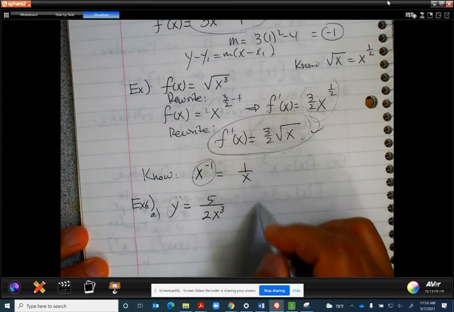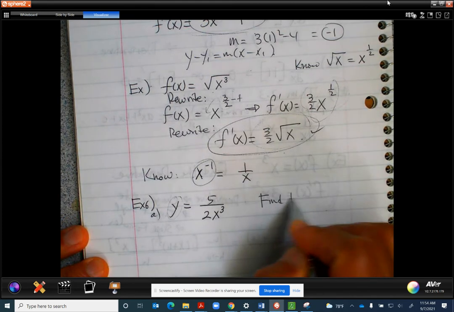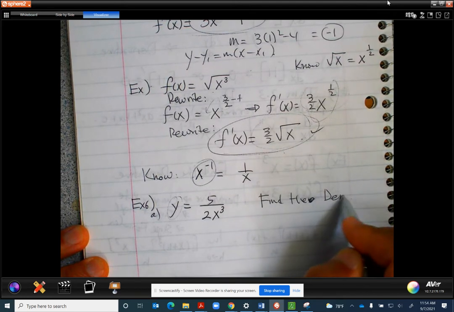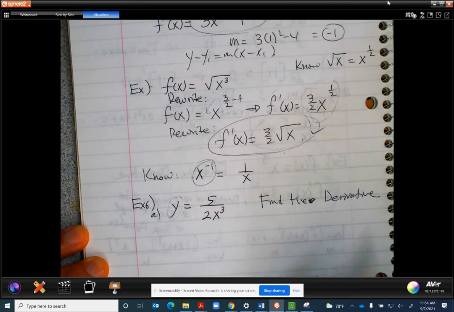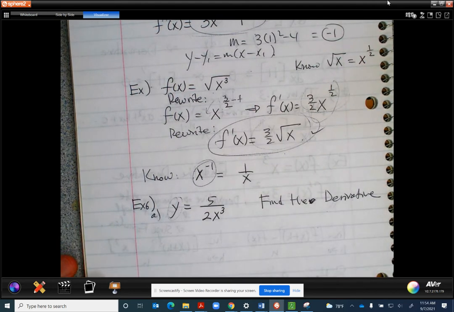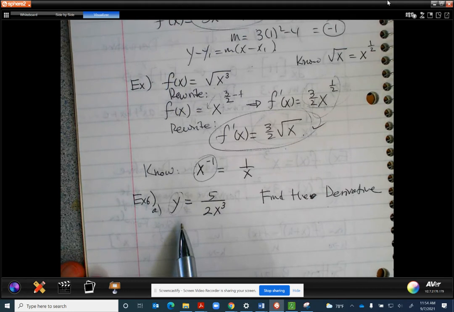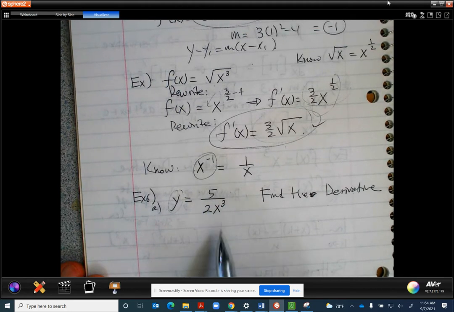I want you to find the derivative again. Find the derivative. This is not in a good format. I need to change this form. So anybody have an idea how to change this to the format that we wanted?